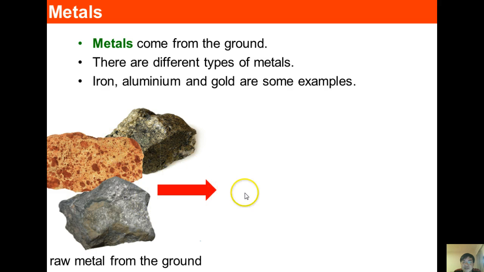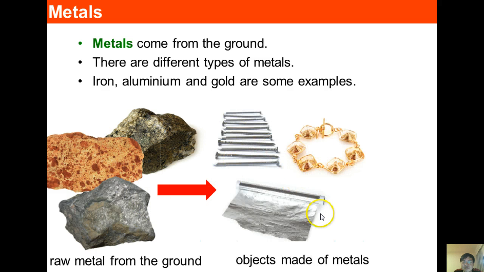When you get this, it can be converted into useful things like aluminum foil, and these iron nails, not fingernails, but the nails that fasten wooden blocks together. And these are ornaments where gold is being used to make these things. So raw metal from the ground and objects made of metals.